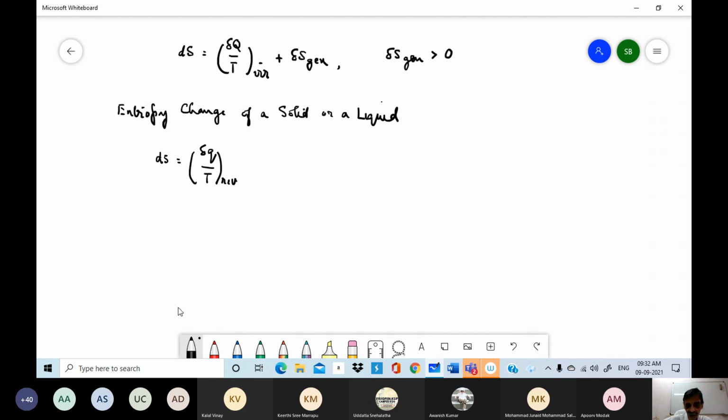Where delta small q represents the Q added per unit mass.